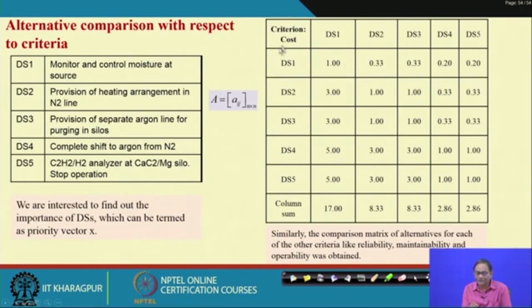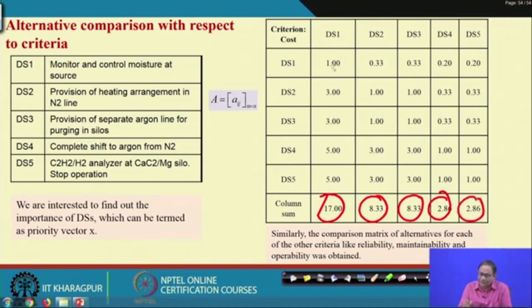For example, this is our matrix A. So, what is the sum? Sum here is 17, here 8.33, 8.33, 2.86, 2.86, the sum of the weights given here. Now, if you divide each of the entries in this column by this, each of the entries in the second column by the column sum, third column by third column sum, fourth column by fourth column sum, fifth one by fifth column sum, you will be getting another matrix.